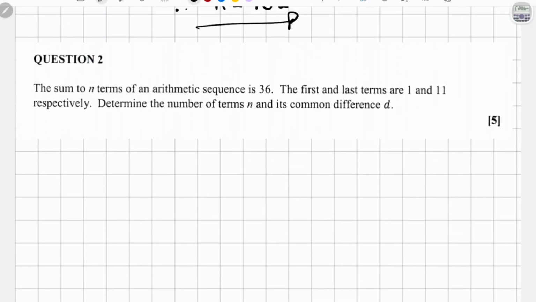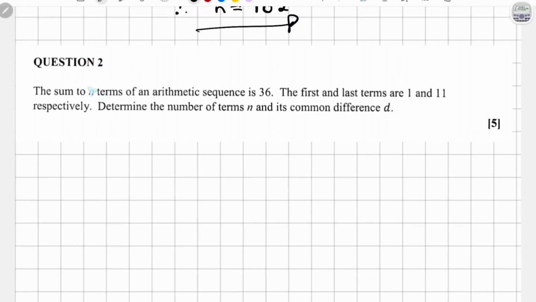Okay, so we're on question 2 now, and question 2 says, the sum to n terms of an arithmetic sequence is 36. So the sum to n terms, meaning you're counting a specific amount of terms, but we don't know how many they are. That's why they're saying the sum of n terms of an arithmetic sequence is 36.